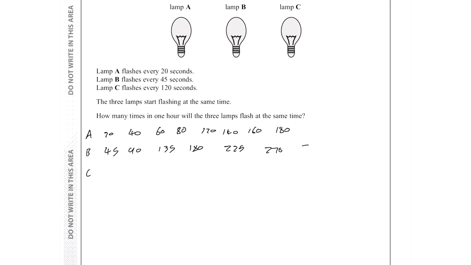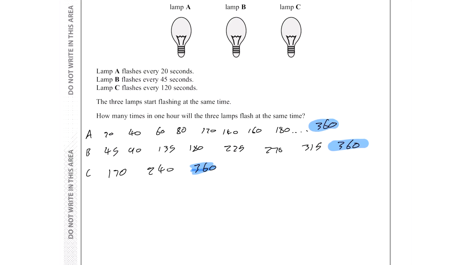180, 225, 270, 315, and 360. And then you can just write a few for C as well and see which ones match up. And hopefully you can see that this 360 here matches with this one here. If you carry on with this, it's the 20 times table, so at some point you'd hit 360.